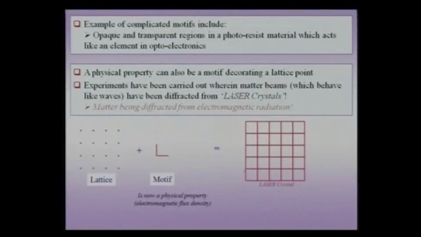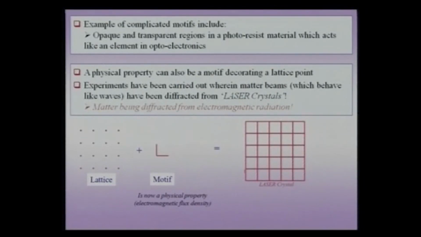So we can clearly see that there are crystals of diverse types, but for all these crystals we can use a common language of crystallography, and the physics, suppose for instance the physics we are talking about is the diffraction physics, is exactly identical as long as the common criterion for diffraction is met, that is the wavelength is similar to the spacing in the lattice or the spacing in the crystal.